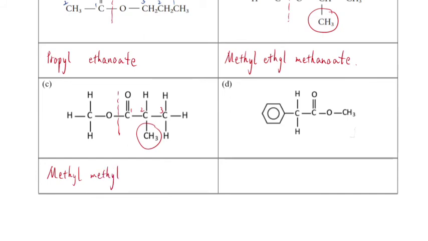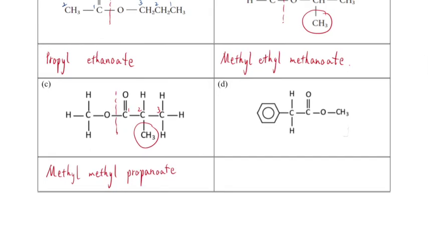And 1, 2, 3 carbons, so originally it's propanoic acid, and then we change the ending, it should become propanoate. Okay, so the total will be methyl propanoate.